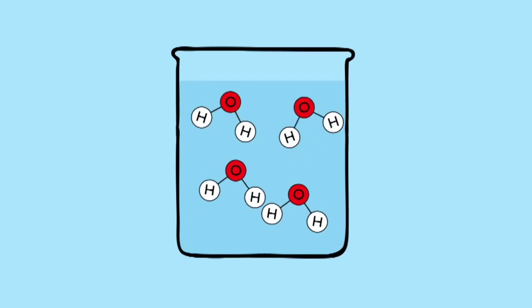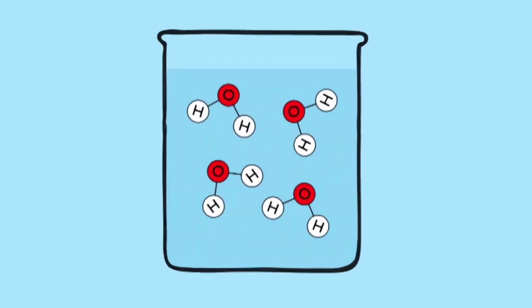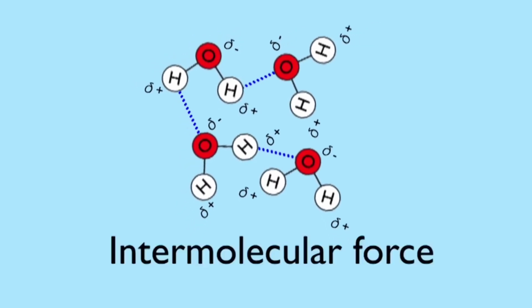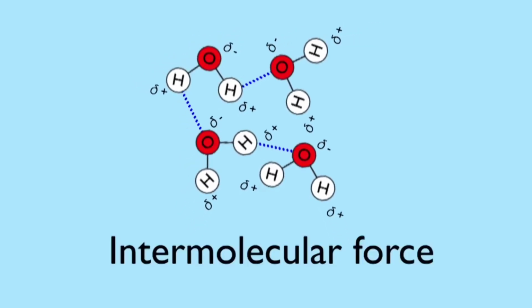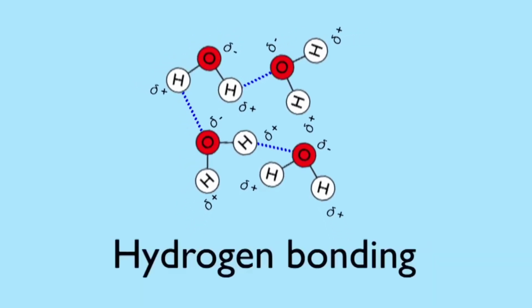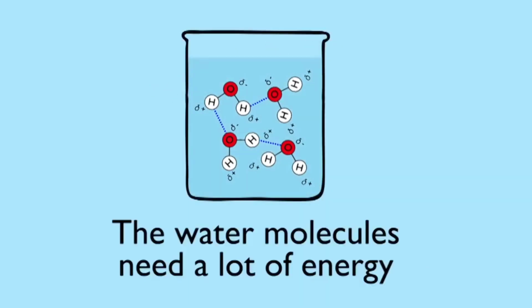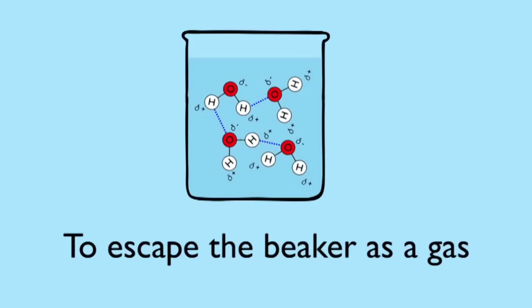They are in liquid form, so can move around each other, but the delta positive hydrogens from one molecule are weakly attracted to the delta negative oxygen of another. This is a type of intermolecular force, and it has a special name, hydrogen bonding. Because of this, the water molecules need quite a bit of energy to overcome the hydrogen bonds and escape from the beaker as a gas.